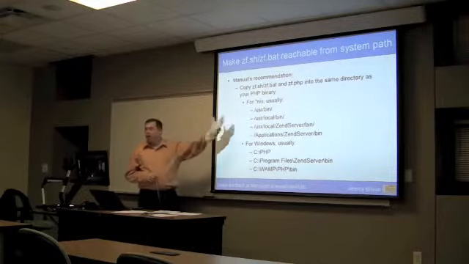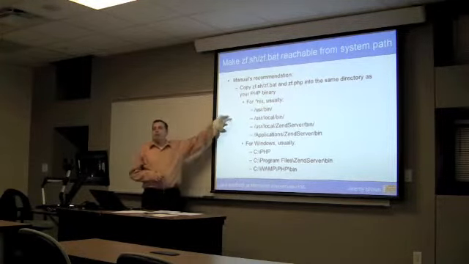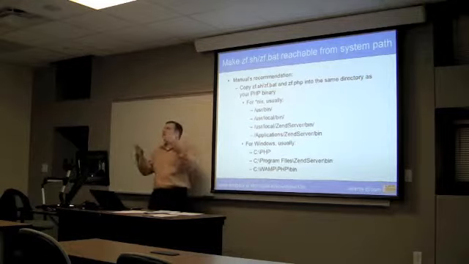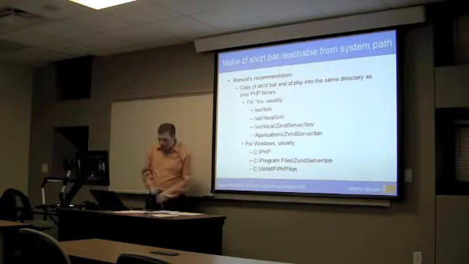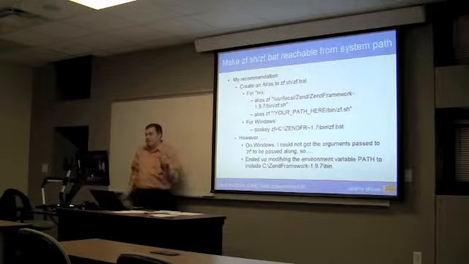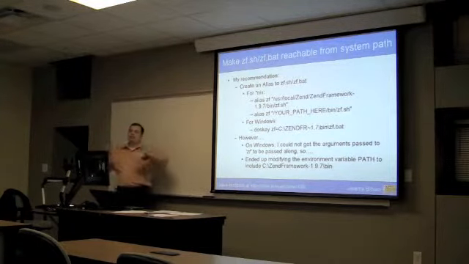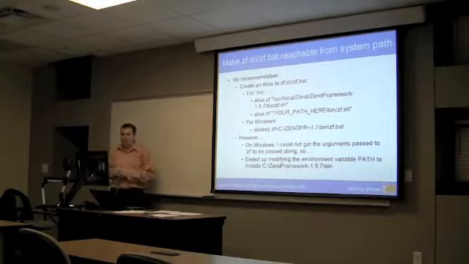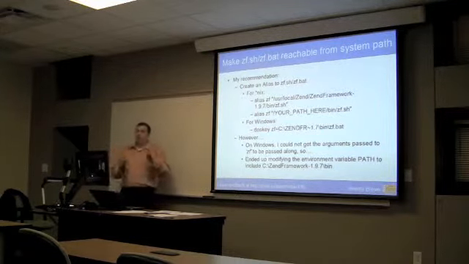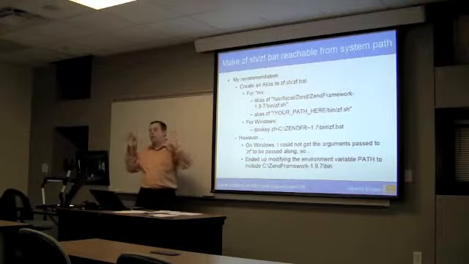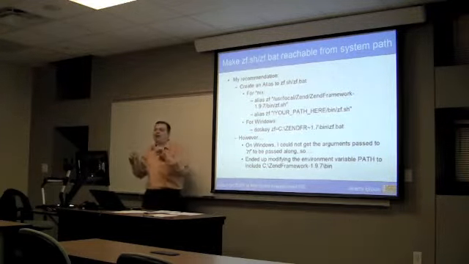The manual, if you go read it, will also say you can create a symbolic link in these folders going out. There's a variety of ways you can solve it. But my recommendation is to get a little fancier with your command line and actually create an alias to these files. So you can leave everything where it is.